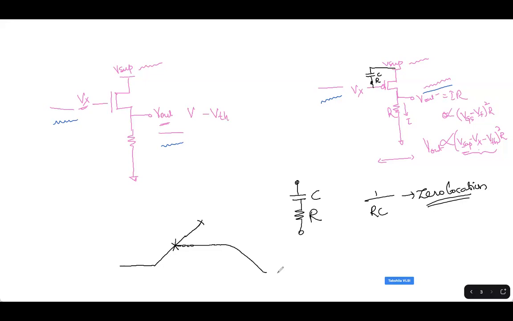Now, because of this introduction of RC, we have coupled a lot of VSUP noise onto Vx, which we wanted. Because this coupling has happened, Vx and VSUP noise are correlated, and hence Vout is now free of VSUP noise.